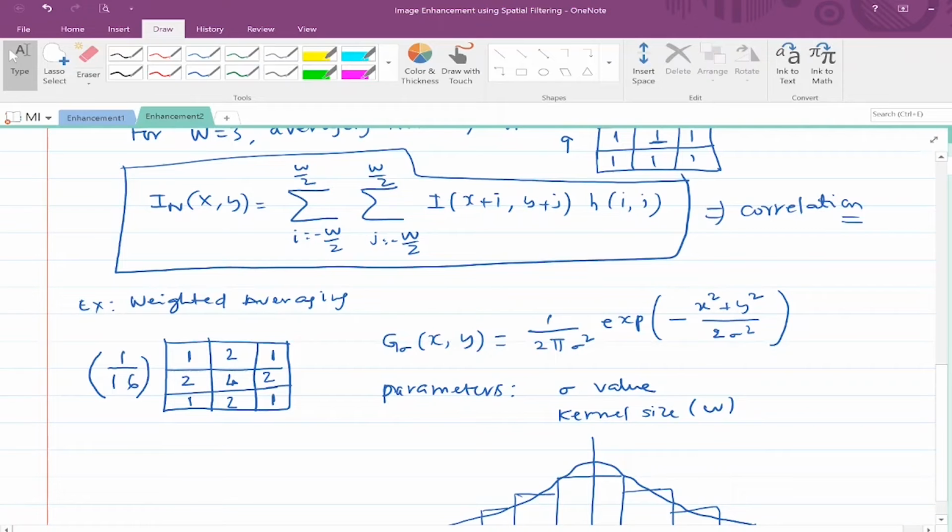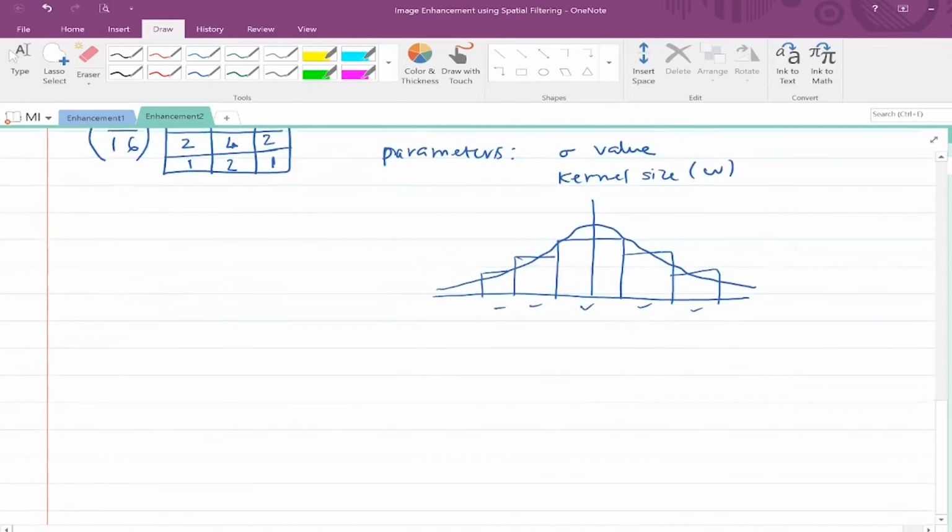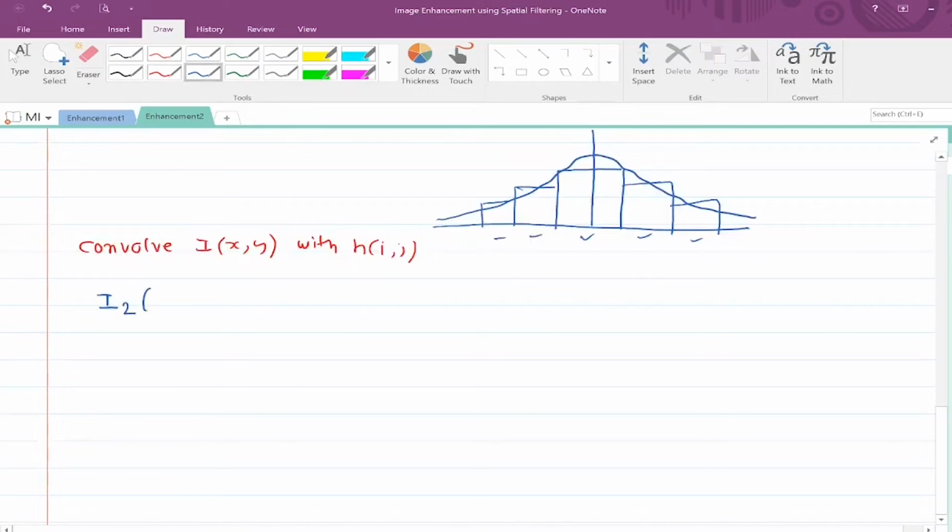Suppose I want to perform a convolution here with a given mask, so how do you write that? Let's say I would like to convolve the given input image I of x,y with some given mask h of i comma j. So how do you write a convolution operation? Let me call the resulting image I2 of x,y. Assume here that your h is of size w by w.